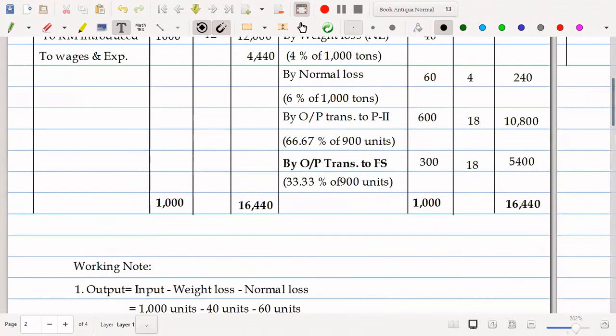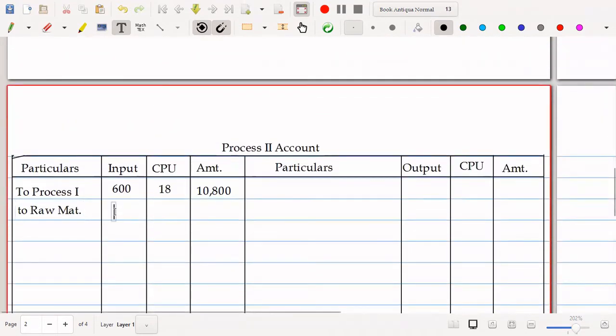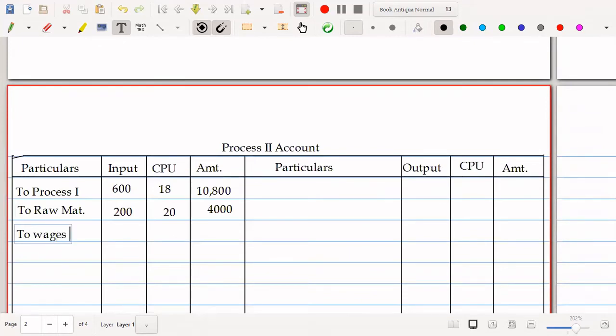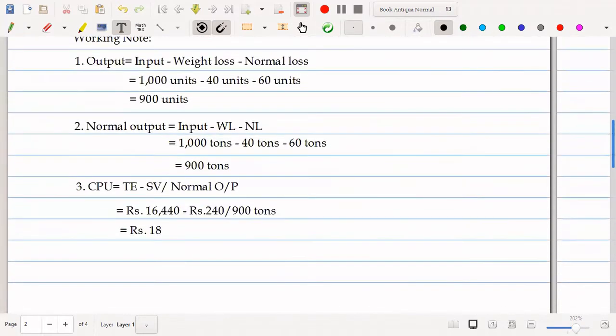Raw material was 200 at rupees 20. So what will be the total here? This comes to 4,000. And wages and other expenses were 3,488.